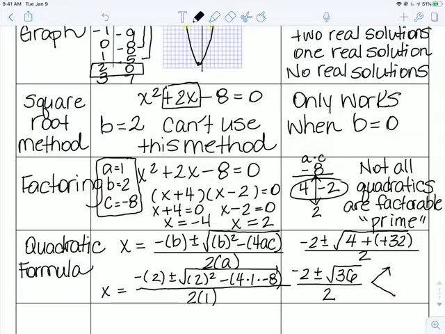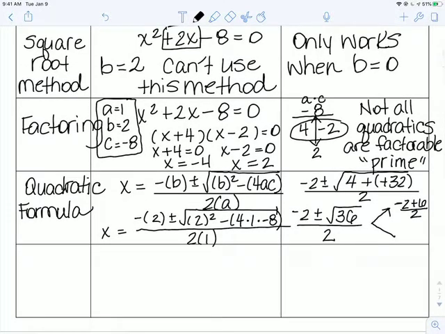I'm going to have a negative 2 plus the square root of 36, which is 6, divided by 2. That's going to give me one solution. And then I'm going to have a negative 2 minus 6 divided by 2.